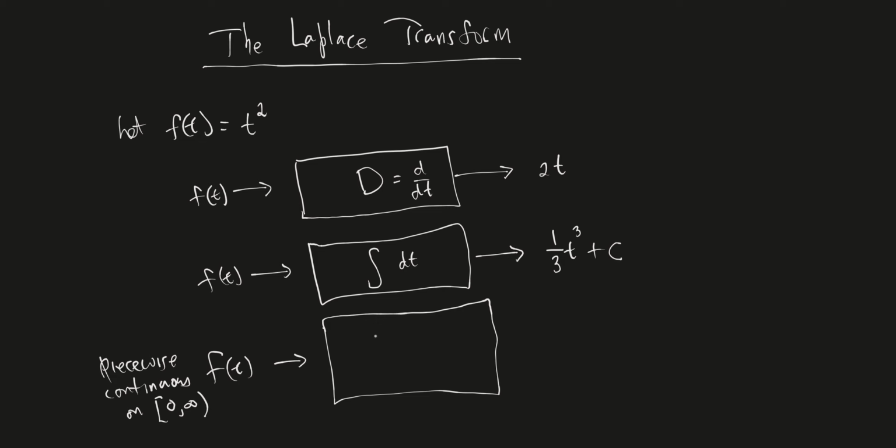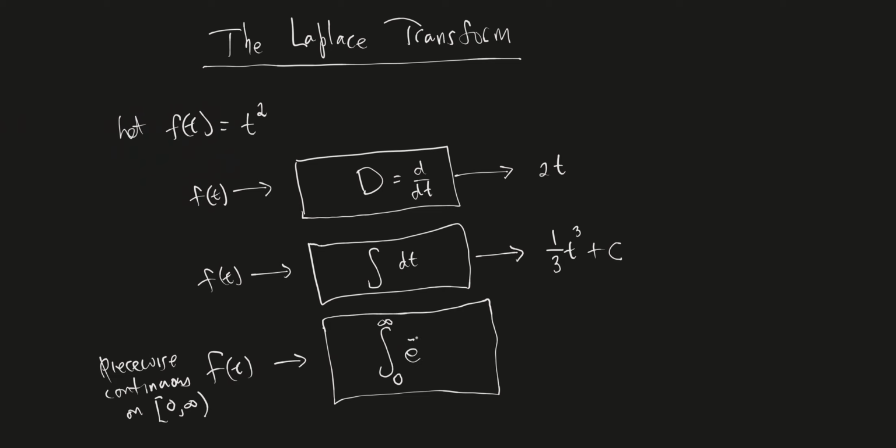And so here's what we're going to do to transform this function. We're going to do an improper integral from 0 to infinity, and not just of the function itself, but we're going to multiply the function by a special exponential function that looks like this.